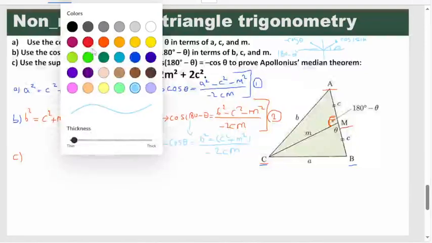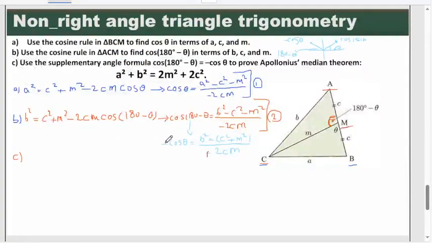Now I try to undo this negative. So I see for step 1 and step 2, the left sides of these equations are equal, so I make the right sides equal as well.